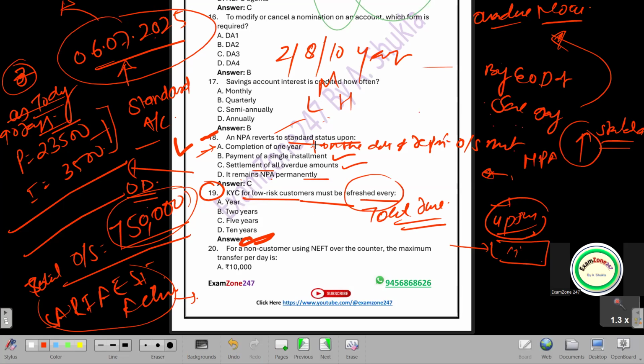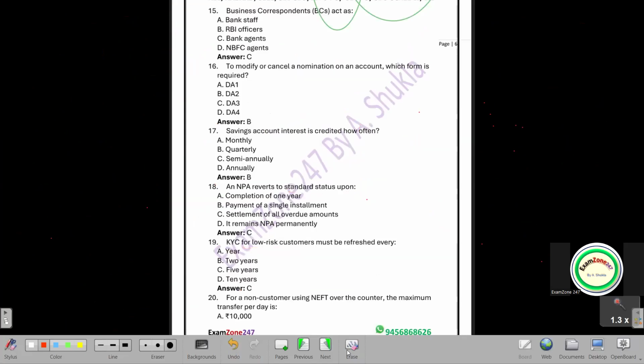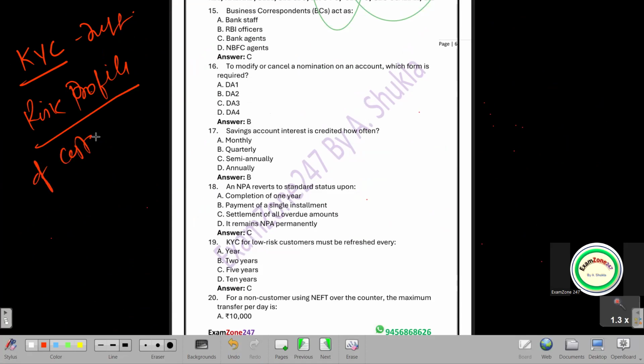See, risk profile is a different thing. What is the periodicity of updating the risk profile of the customers? KYC updation is a different thing.